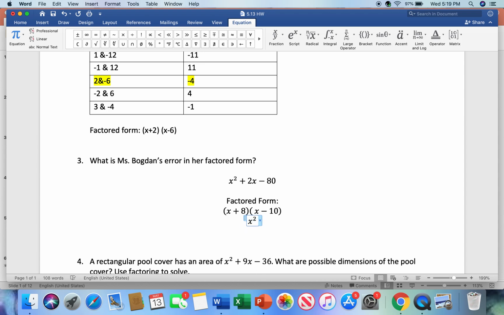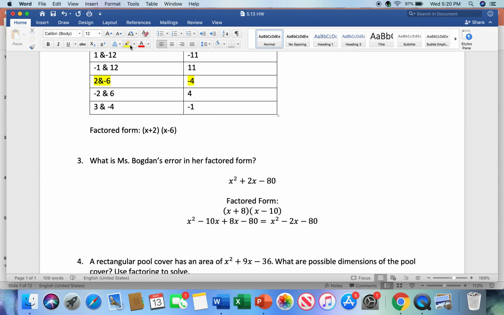X times negative 10 gives me negative 10x. 8 times x would give me plus 8x. And 8 times negative 10 gives me negative 80. Go ahead and combine these like terms, and I get x squared minus 2x minus 80.